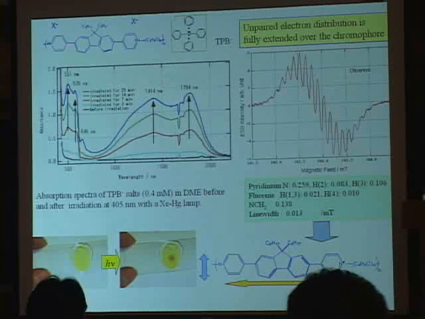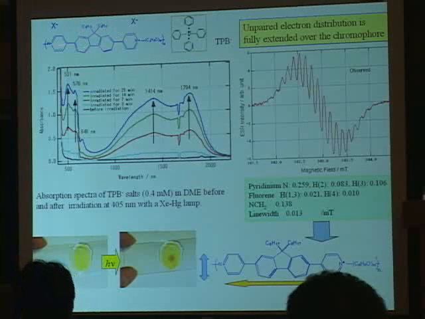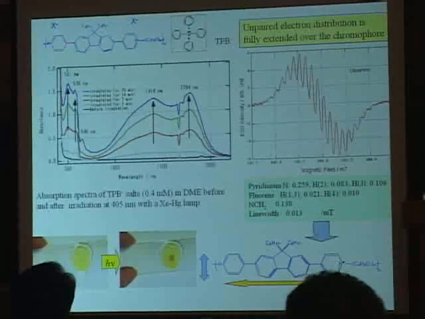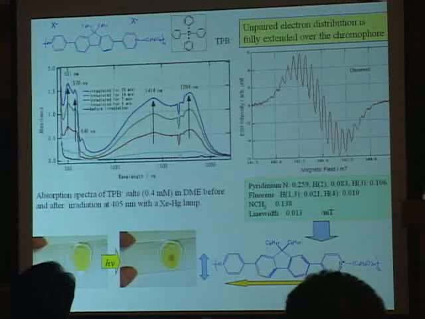As an example, I show you this polymer. This polymer contains a fluorene unit, which is very famous for electroluminescent devices. It's a blue emitting compound. And we introduced two pyridinium units at the 2 and 7 positions of this fluorene.